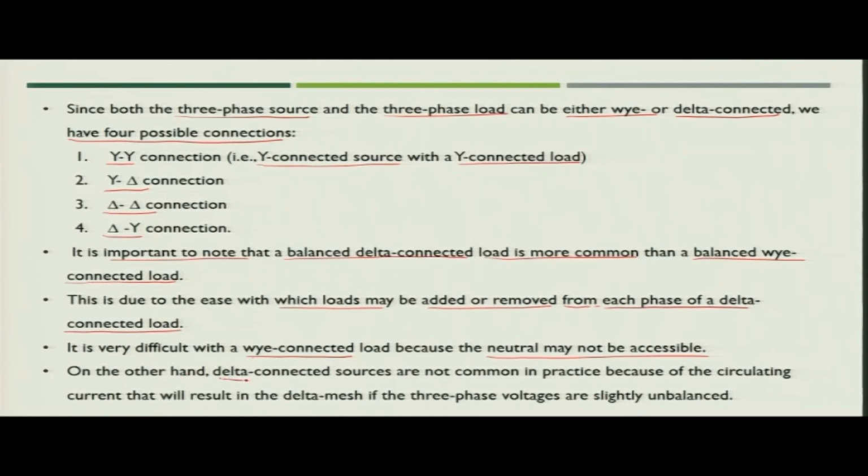But on the other hand, you will not see delta connected source as a common practice, because if you have the delta connected source, you will see the circulating current, because delta will create a delta mesh which will cause a current to circulate within the delta network of the source, and this will be because of any slight unbalance in the voltages of the three phases.